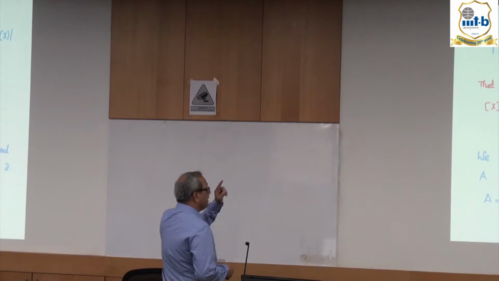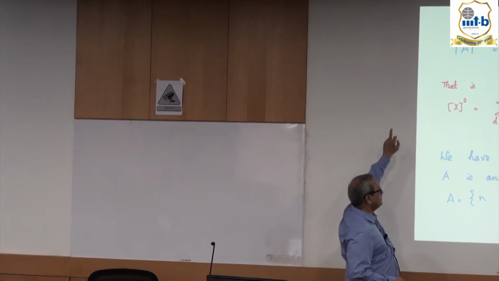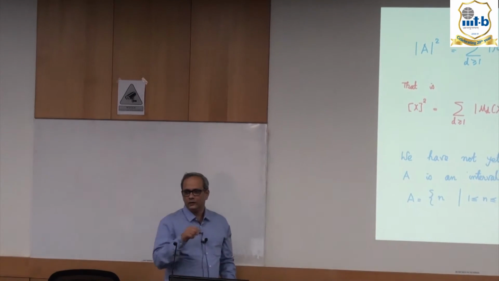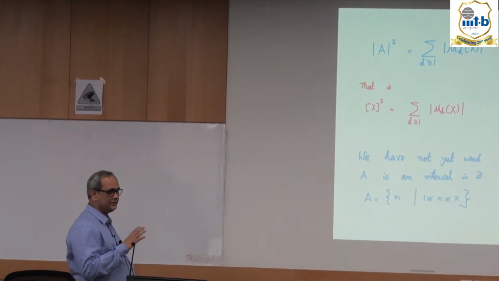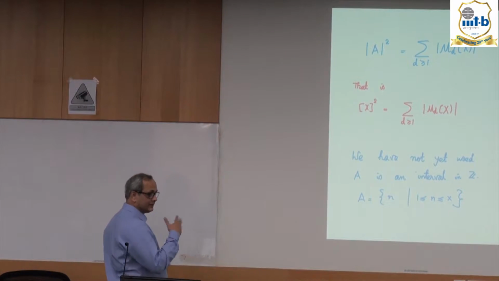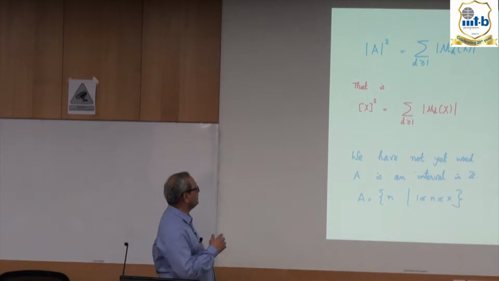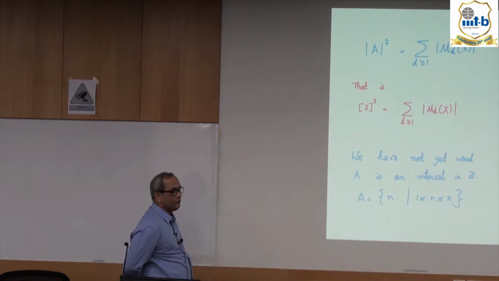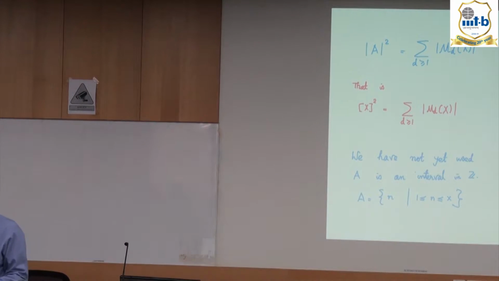Therefore you have another relation. These relations that I have written in blue are the important ones. That's a color code, and I think I have been consistent with it through most of the slides. Nevertheless, there are some others written in black; I'll explain that later. So you have the cardinality of A squared is the sum of the cardinalities of these M_d(x) as d varies from 1 to infinity. That's another relation.